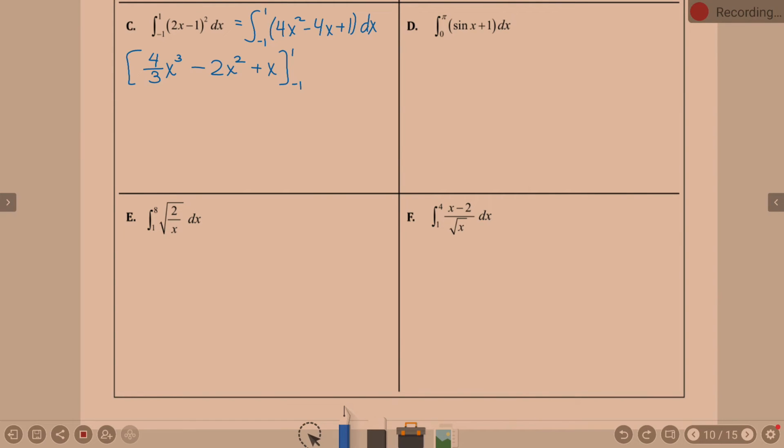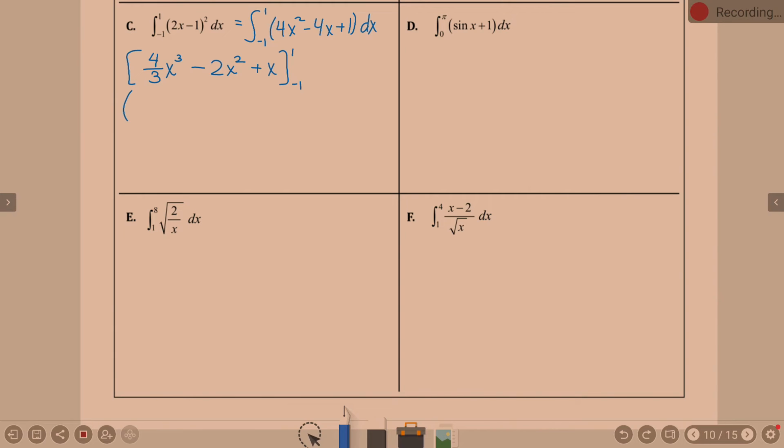Okay, now, in this case, I have to integrate it as is. I can't pull this 4/3 out. It's not a multiple of everything. So we're going to have to work with it as is. What am I plugging in first? Plugging in the 1.